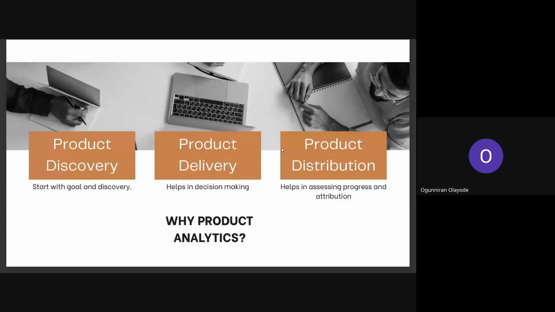They will have one issue or the other, and not everybody can get customer care at any point in time. So they created a bot that can attend to people's needs, while the customer representatives attend to the other things. So product delivery helps in decision making, and product distribution helps in assessing progress and attribution of your product.